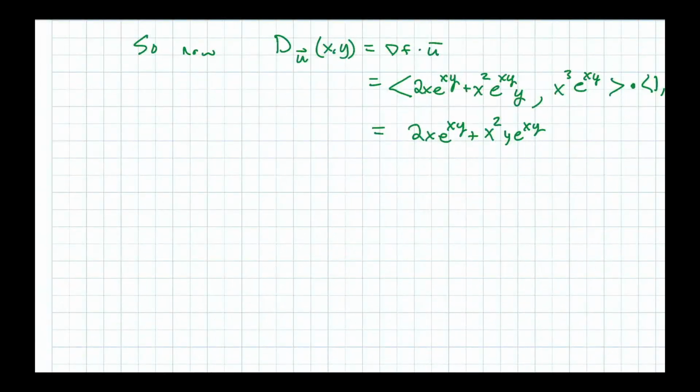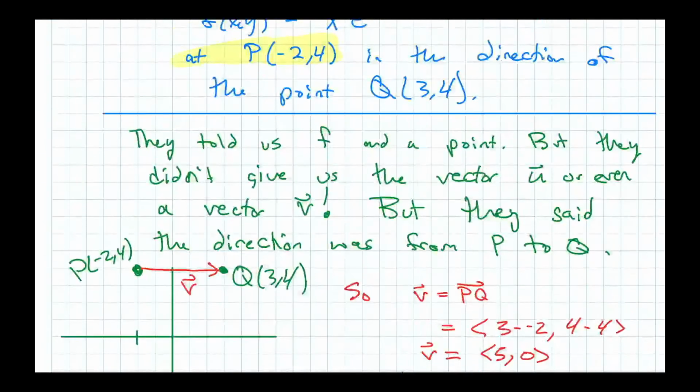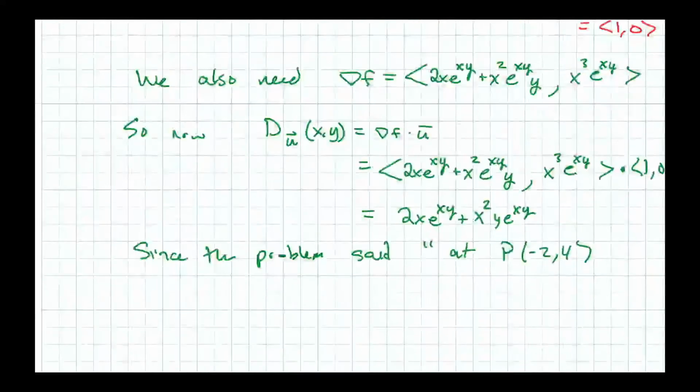So since the problem said at p, which was -2, 4, not -4 because I wrote it wrong. Okay, yeah, -2, 4.